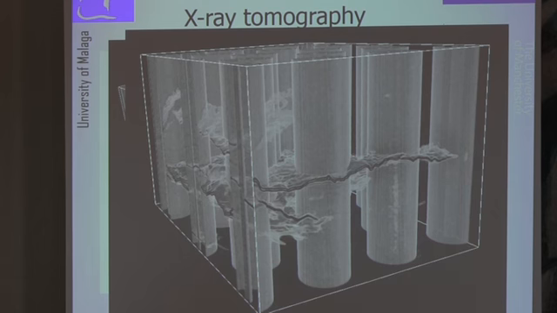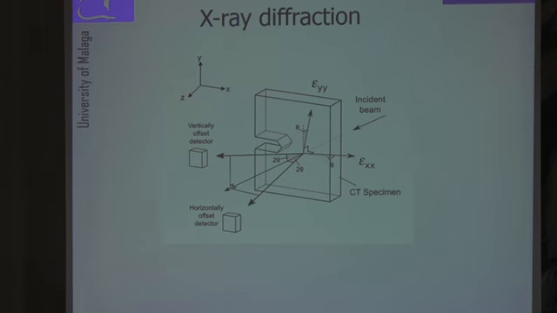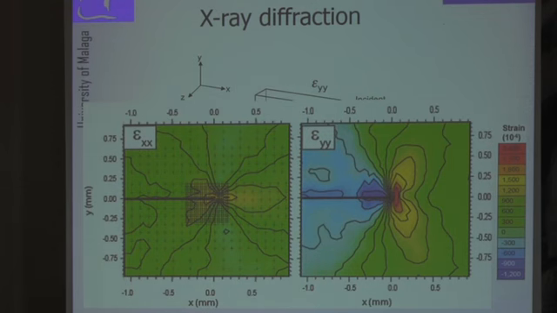And the other option, as I said, was to use X-ray diffraction for measuring strains. The idea here is that if we have a vertical and a horizontal detector, we can get elastic strain in the crack growing direction and elastic strain in the crack opening direction. Each of these maps would effectively be a full field map of elastic strain.